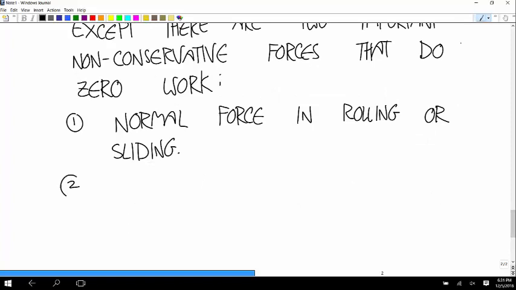And the second one is any force that points toward the center of a circular motion. People call that a centripetal force. If there's a circular motion and you have a force that points toward the center of that circular motion, it does no work, no matter what the force is.